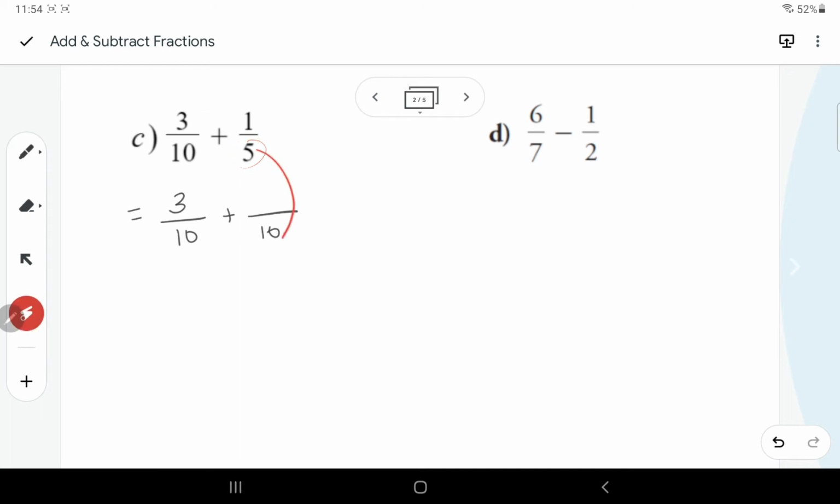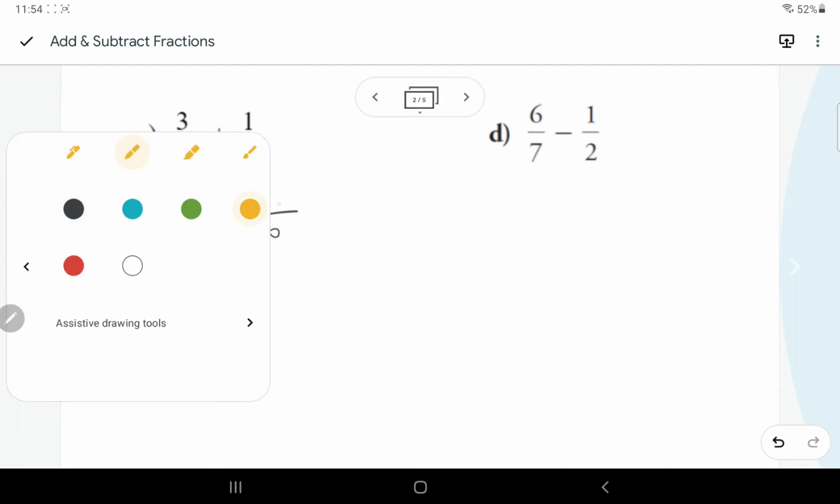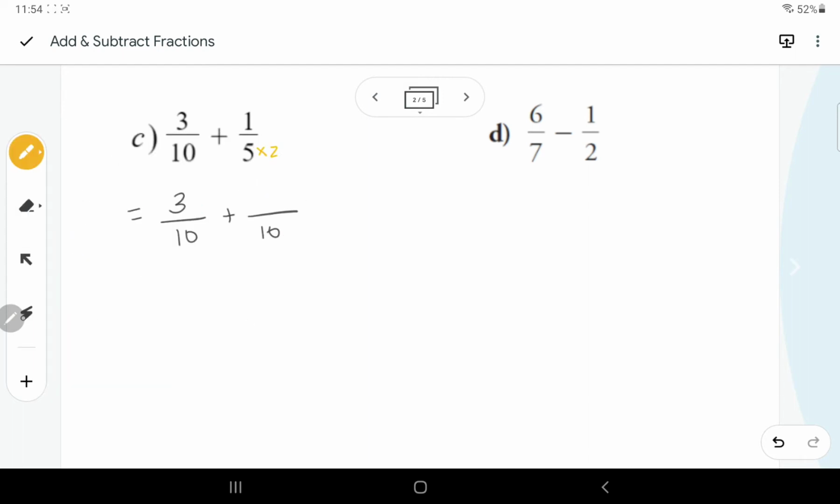Here, I had to multiply the 5 times 2. So I'm just going to write a little times 2 there and do the same to the top. So the top here will be 2 over 10. So 1/5 is the same as 2/10. When you add these together, 3 plus 2, add the tops for 5 and keep the bottom the same.